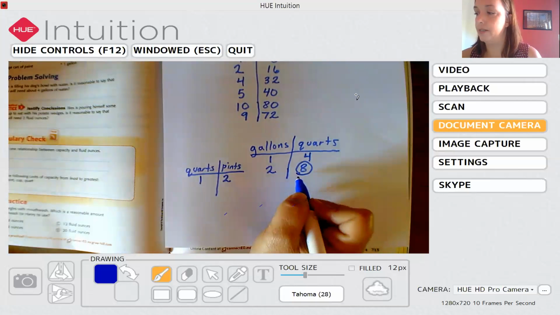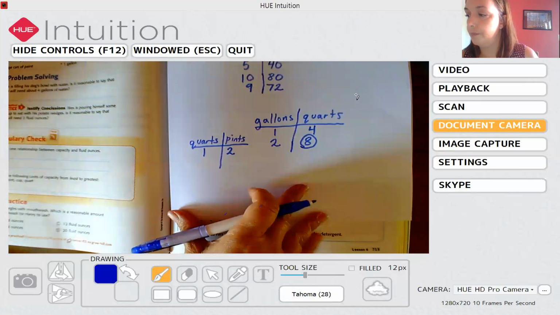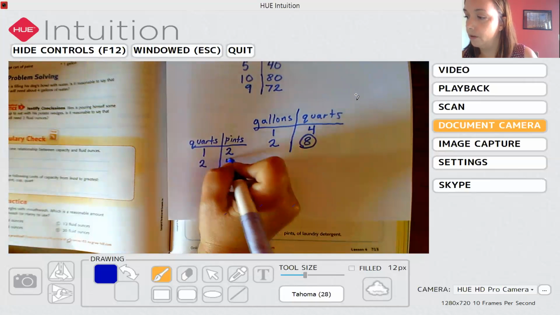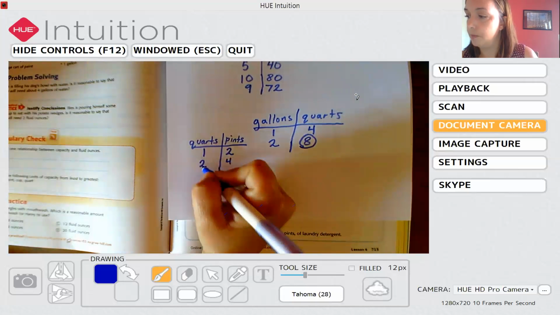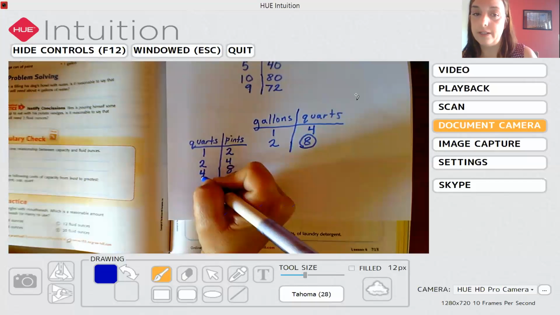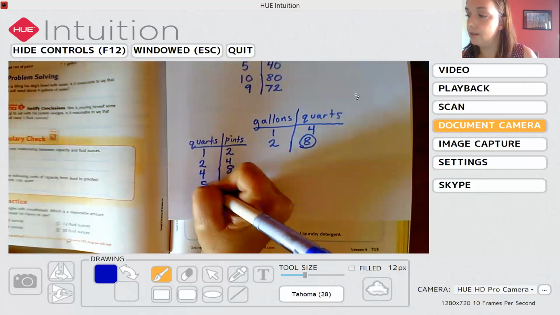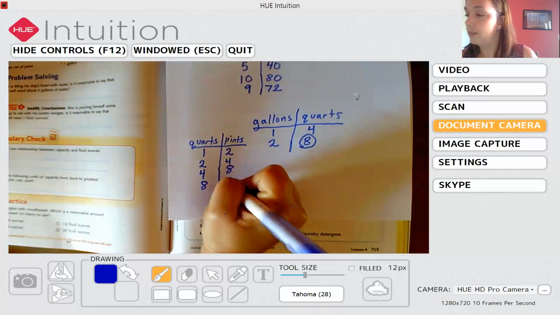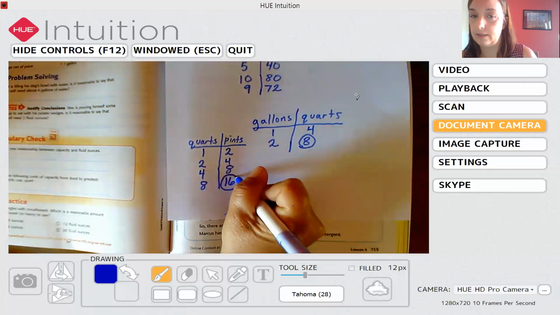So I'm going to start by doubling. I'm going to double to 2 quarts. That's going to give me 4. So then I'm going to double this. That's going to be 4 quarts. So if I double that 4, that's going to give me 8. So I can double the 8. That'll be 16. Okay, so that means there's going to be 16 pints.